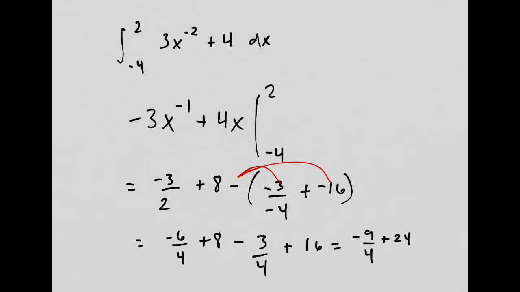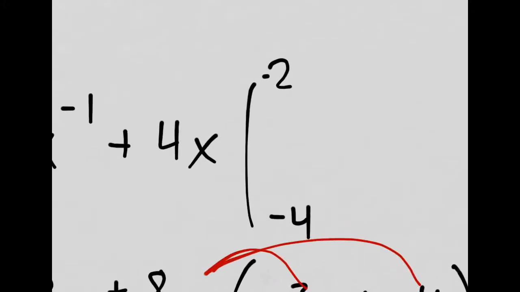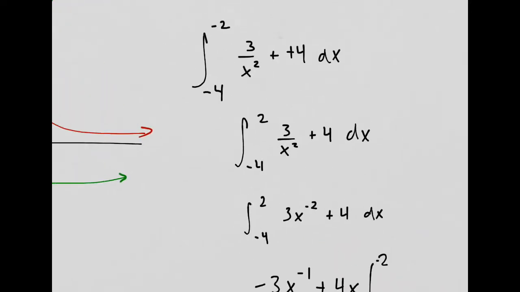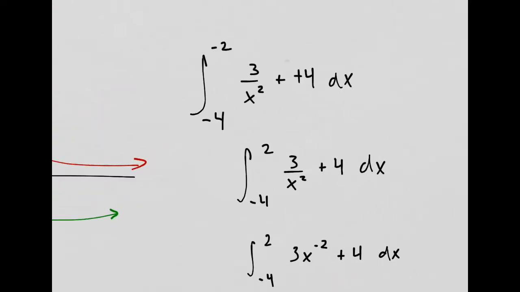What did I do? Oh, it's a negative 2. There we go. So ignore all of that. That should have been a negative 2. I just dropped it way back there. Oops.